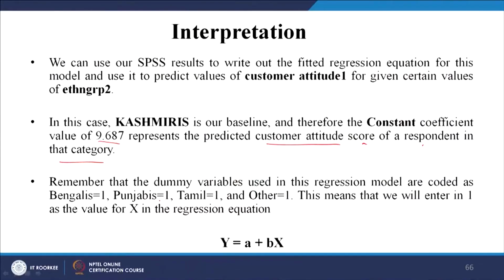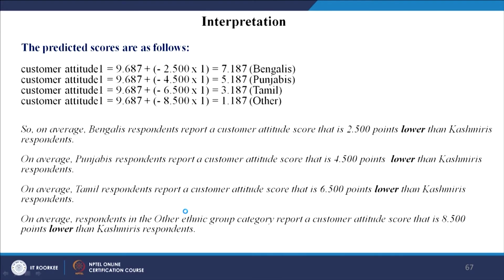Remember that the dummy variables are coded as Bengalis 1, Punjabis 1, Tamil 1, others 1. This means that we will enter 1 as the value for x, right. So, this is how it looks like: 9.687 plus B x, okay. So, x is for example, 1 for the first case, the Bengalis case. So, what is the comparison group?